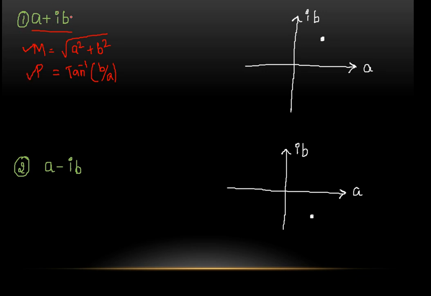If you want to draw this graph, a is on the real axis, and ib is on the y-axis, the imaginary axis. So this point will represent the magnitude and phase of a plus ib. If you have a function like a plus ib, it will indicate a point in the first quadrant.